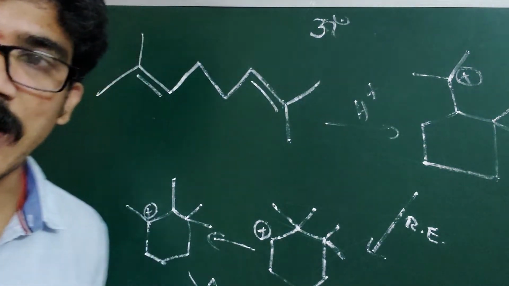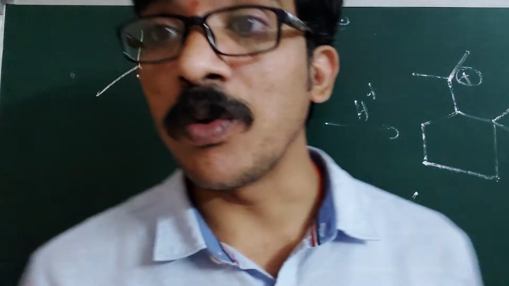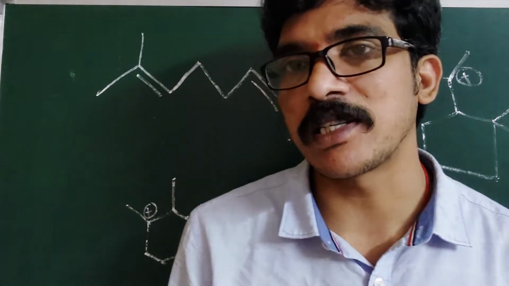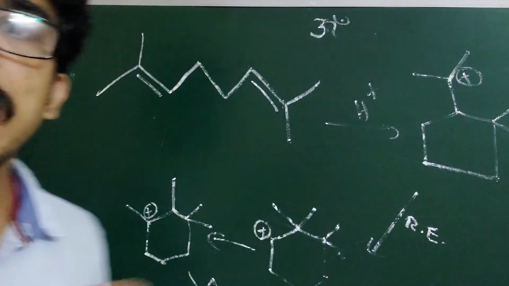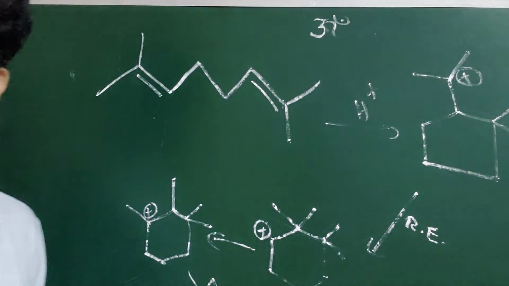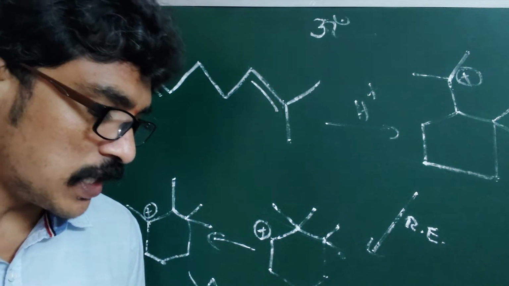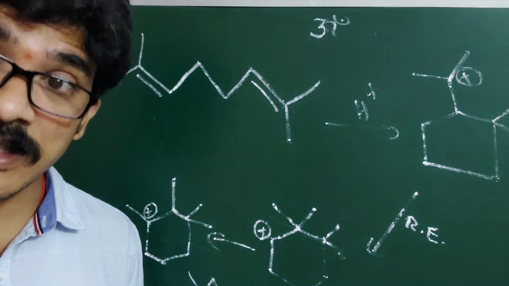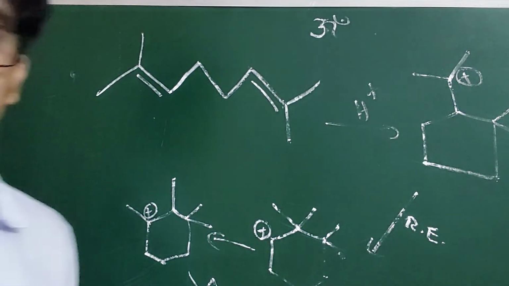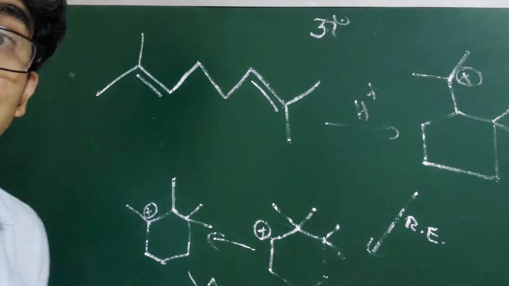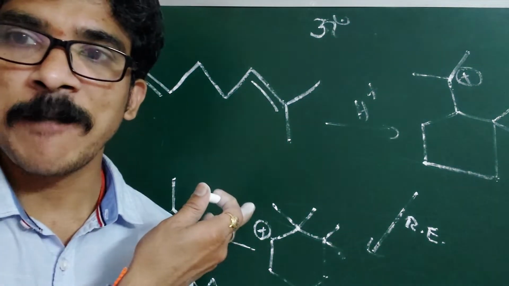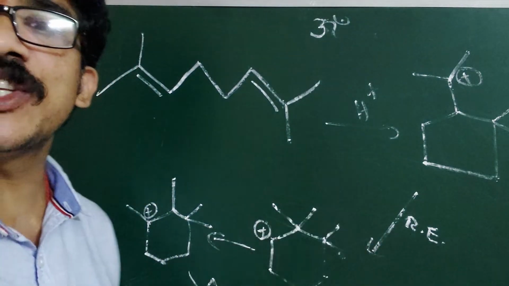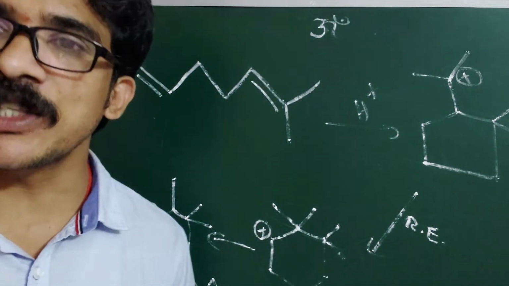Next, a very important question in organic chemistry, related to the mechanism and the carbocation stabilization concept. Given is an alkadiene, 2,7-dimethylocta-2,6-diene, with 8 carbons, treated with H plus.